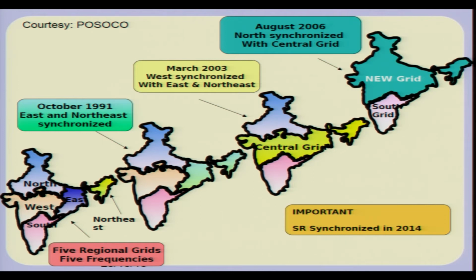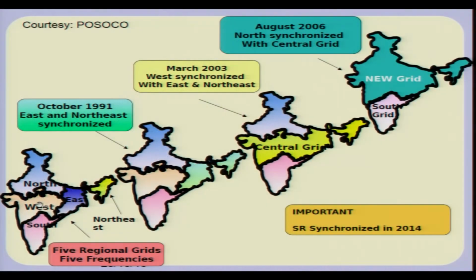Although the nominal frequency of each of those grids was 50 hertz, they were actually operating independently. So, the frequency need not have been 50 hertz, it depends on the load generation balance and load frequency characteristics and governor characteristics in both regions. But the frequencies were more or less at 50 hertz for all these systems, but they were not equal to 50 hertz at any given time. They were also not connected by any AC transmission path.